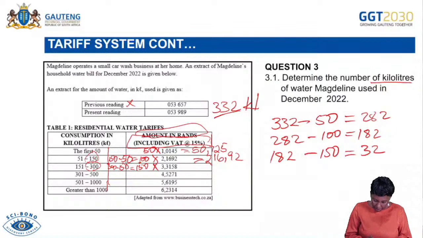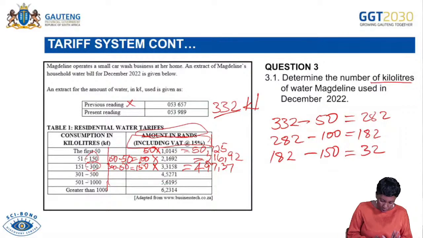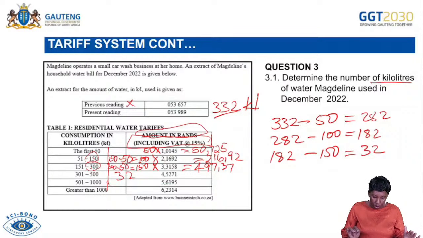Now, looking at this one, I say 150 multiply by 3,3158. Then I get the amount to be 497,37. Now with this 32, it means it will come strictly here, because I am left with 32 kiloliters.